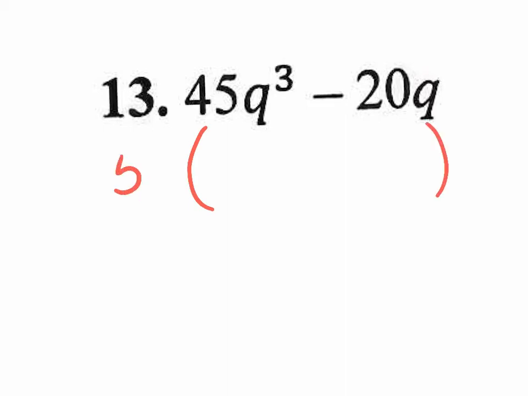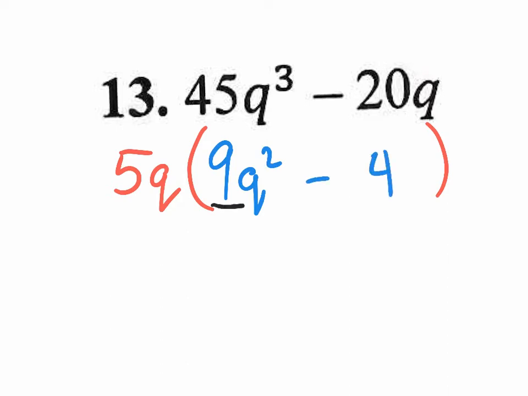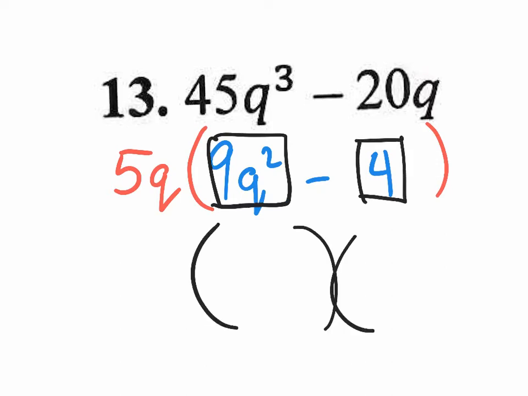What could I factor out here? 5 with a q, right? So if I pull out a 5q, what's left over on the inside? 9q squared minus 4. And on the inside, we do have a perfect square term and a perfect square term. So that inside, let's not forget about the 5q that's on the outside.